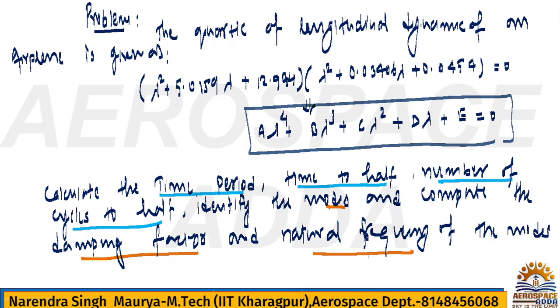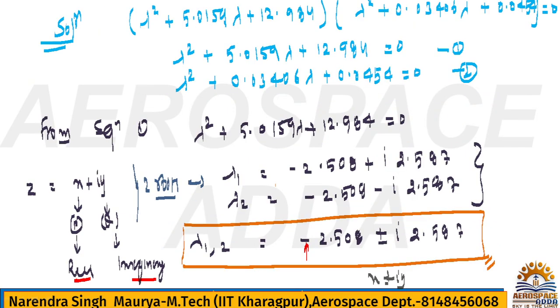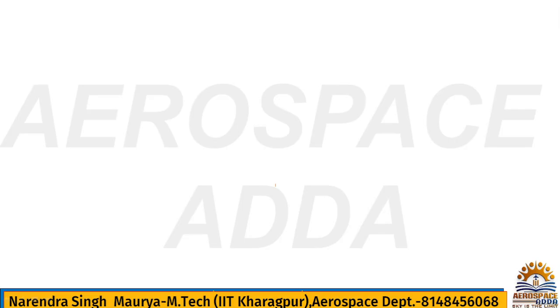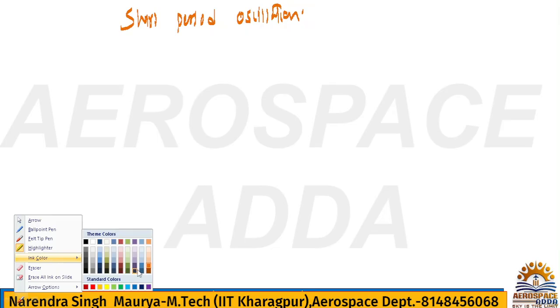Now we are going to calculate time period, time to half, and number of cycles, back to back, for the short period oscillation. First we calculate the time period.